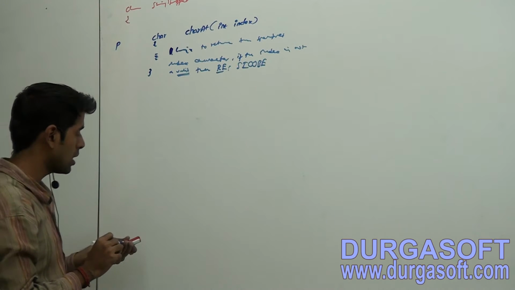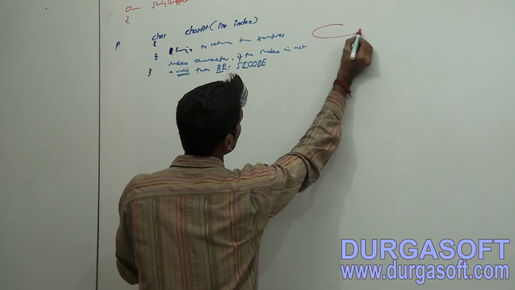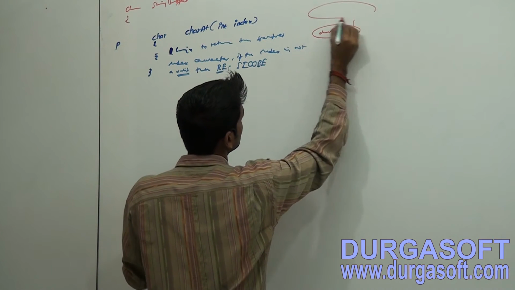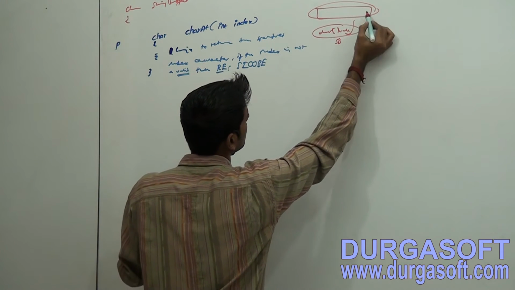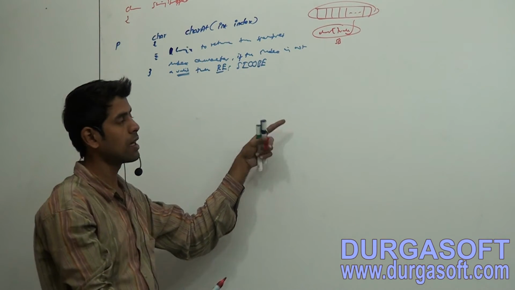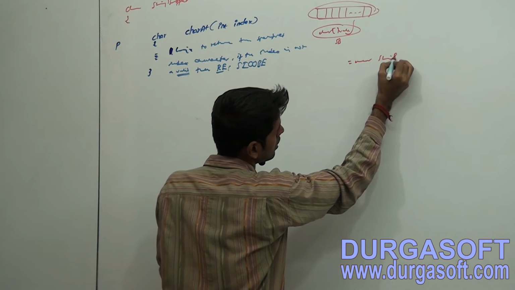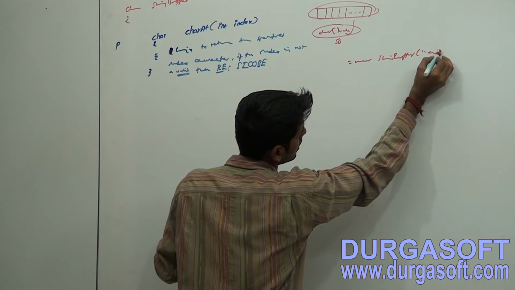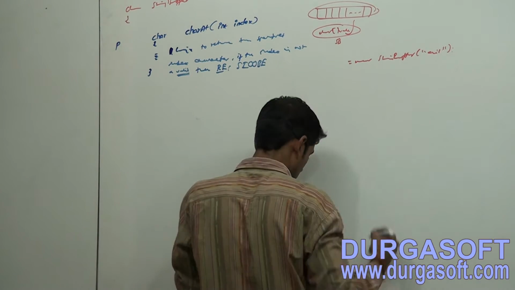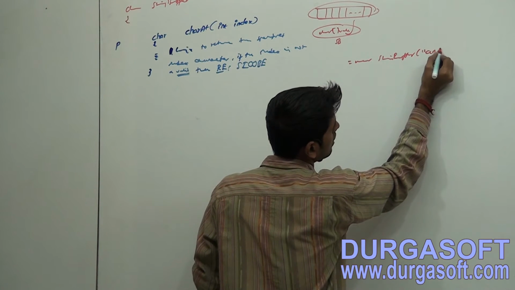Observe the best example for this one. Think that I have created a StringBuffer object by using the string argument constructor, with the string ANIL.